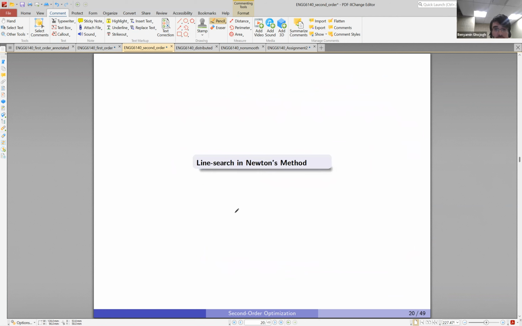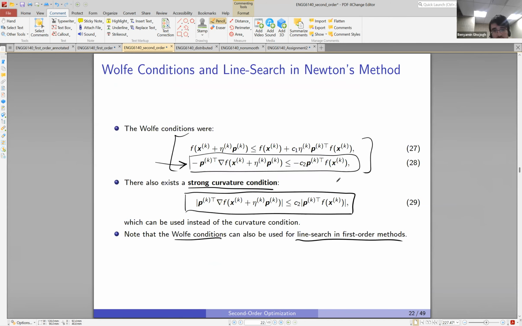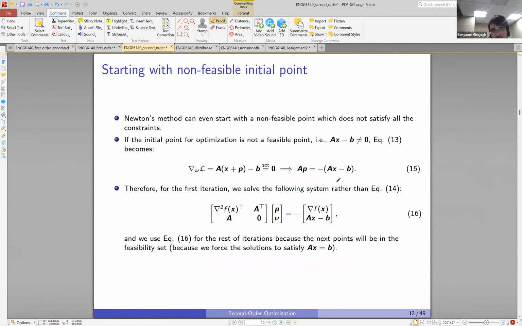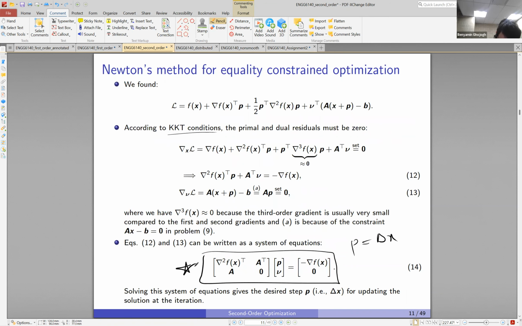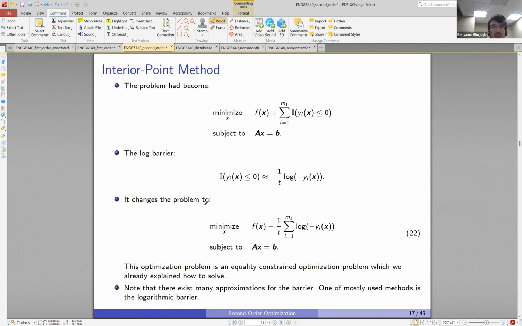For the constrained case, we saw in equation 14 that we need to solve this system of equations here. Or if it is an infeasible point, we need to do equation 16. It's a system of linear equations, actually.